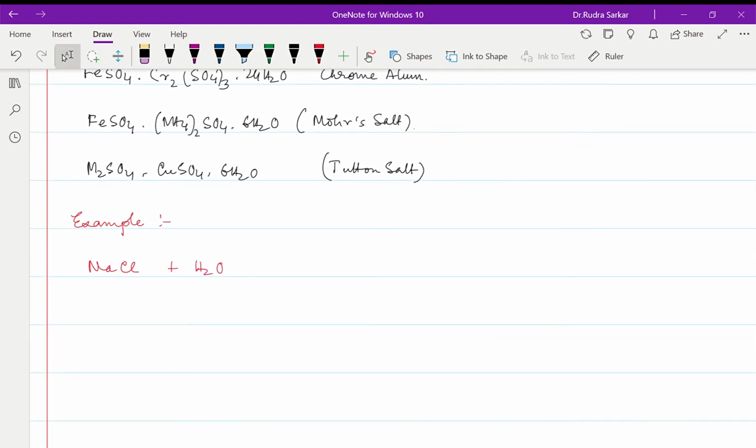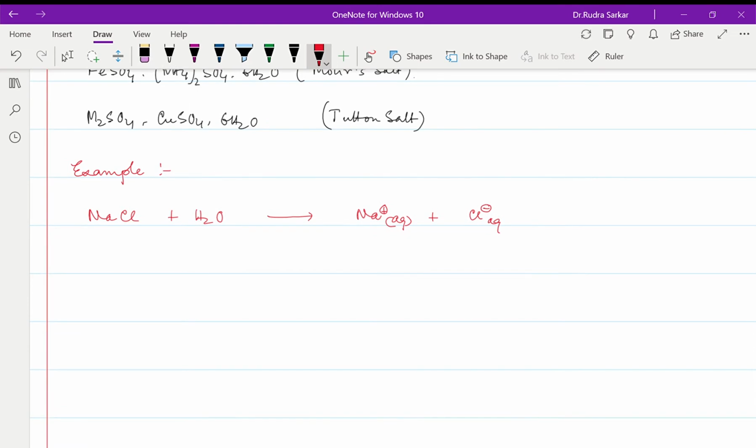That would mean that Na+ will go inside the water and will be surrounded by the water molecules. That means it will be hydrated. Similarly, if you are doing a test for sodium or chlorine, you will get the chemical test for both.